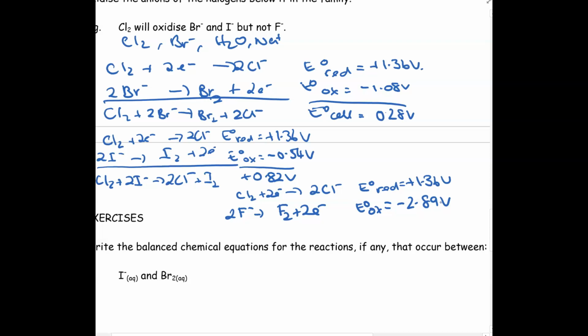You'll notice your right finger is above your left finger. This is a non-spontaneous reaction, so it is no reaction because the E0 of the cell will come out to a negative number.